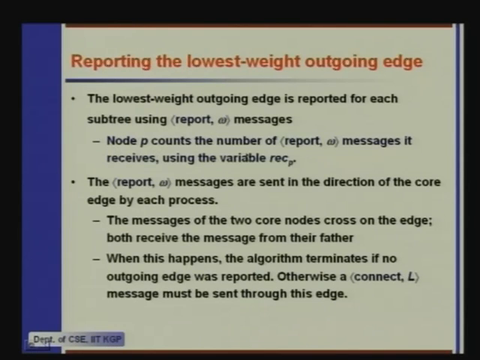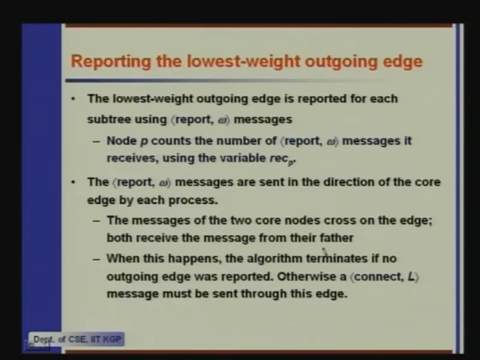Node P counts the number of report W messages it receives using the variable rec P. The report W messages are sent in the direction of the core edge by each process, because that is how the tree is oriented, and the messages of the two core nodes cross on the core edge. We will see how that happens, and both receive the message from their father.